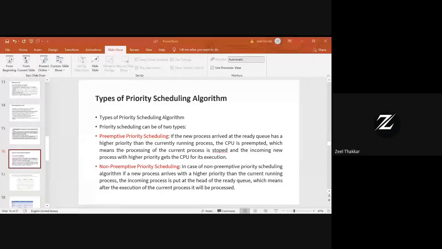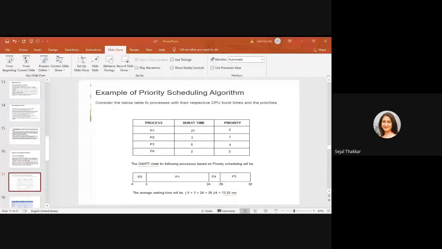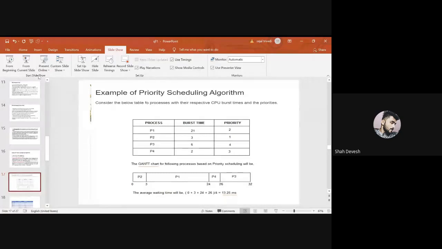Ma'am, your screen is frozen, I guess. Now it's visible, ma'am. Now which PPT can you see? Example of priority scheduling algorithm. Yes, ma'am.